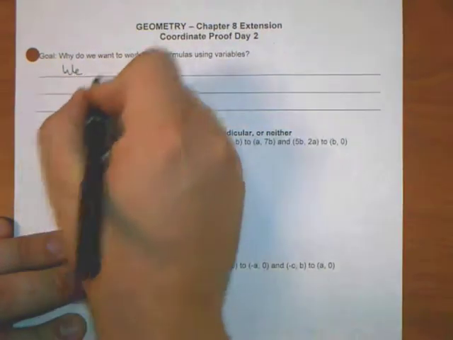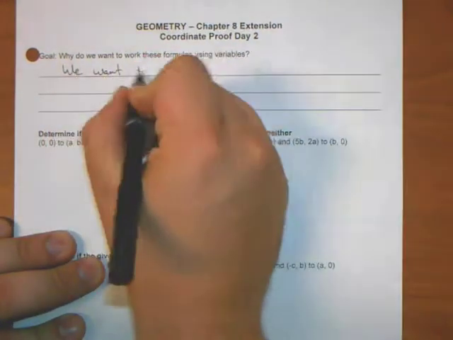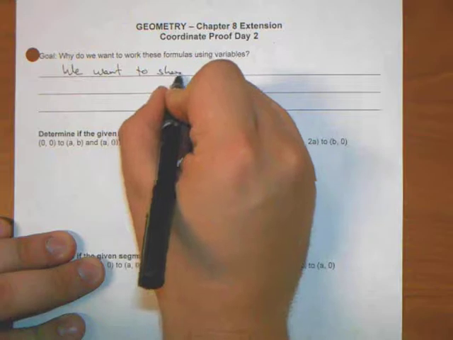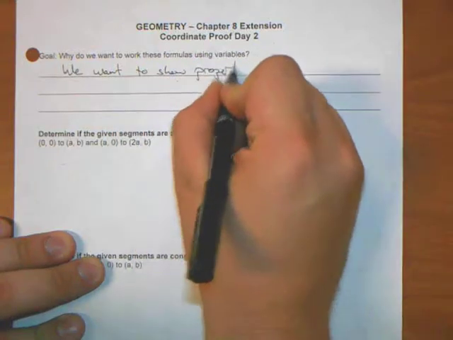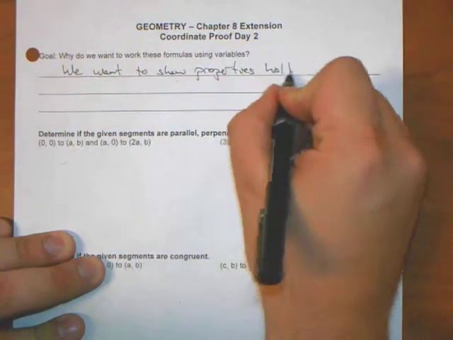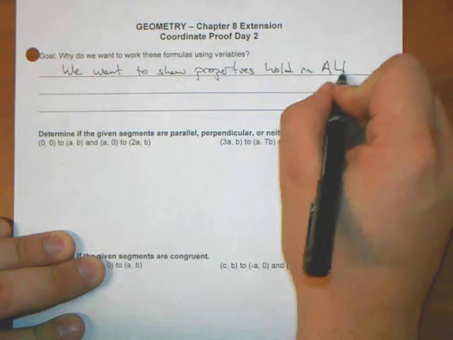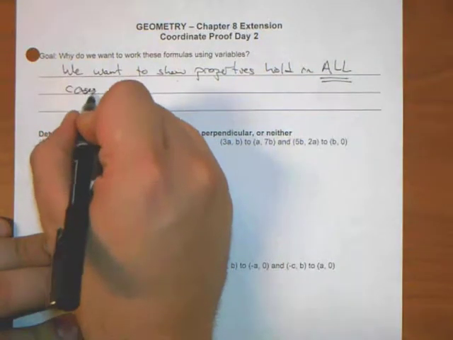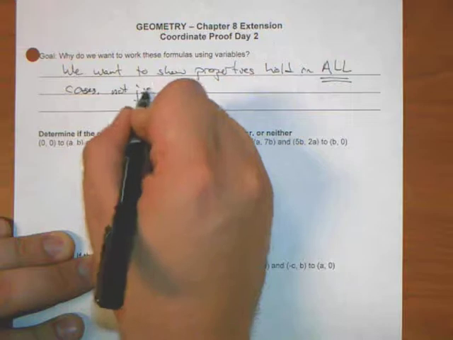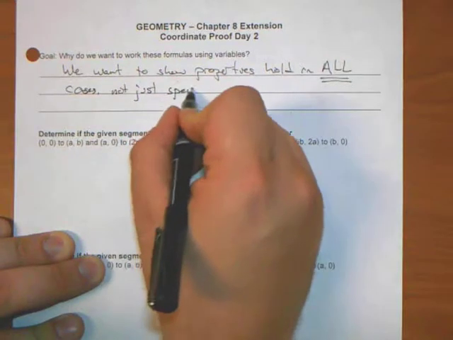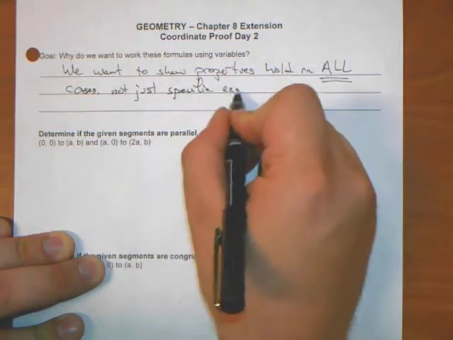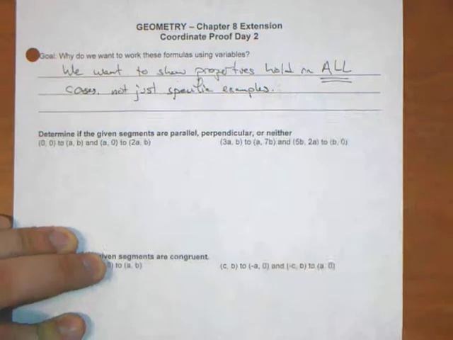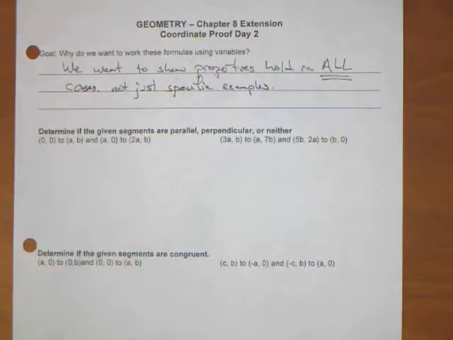Well, we want to show properties hold in all cases, not just specific examples. They are true for everything, not just little special cases, is what we're trying to get accomplished here.